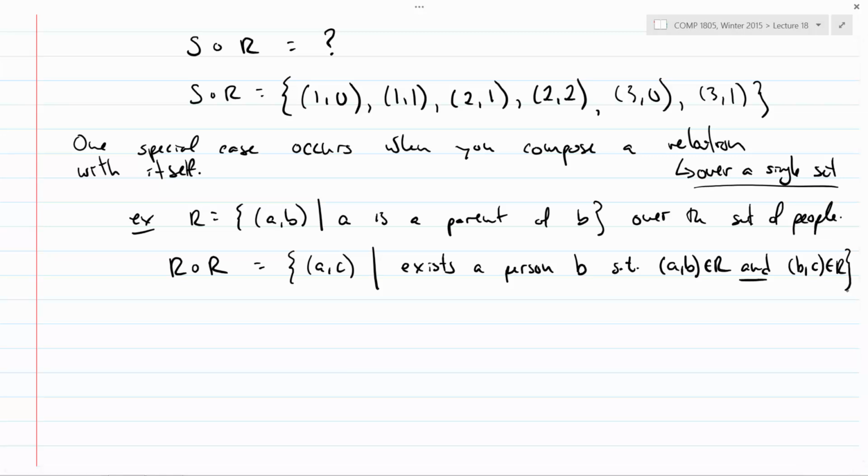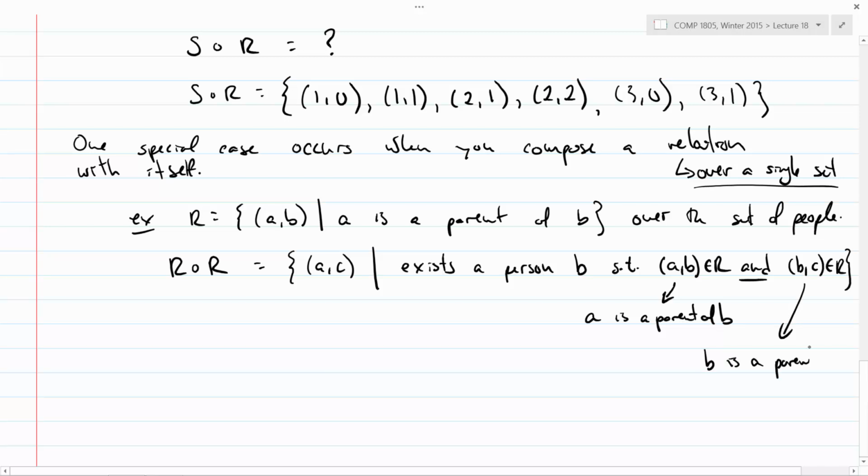So what does this mean? Well, this means that A is a parent of B, and this means that B is a parent of C. So what does this mean in terms of the relation between A and C? A is not a parent of C. A is the parent of C. Right?